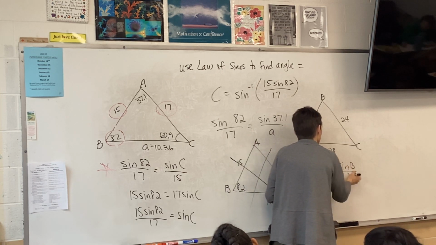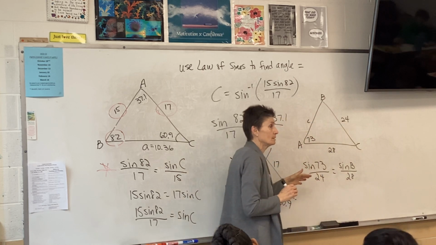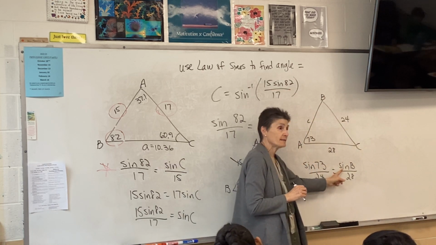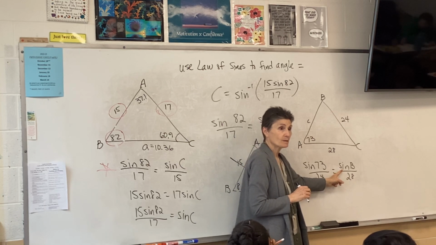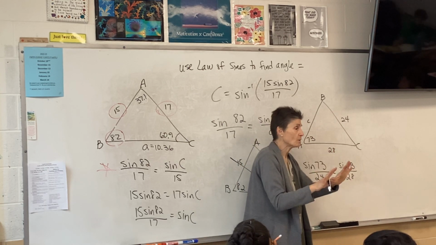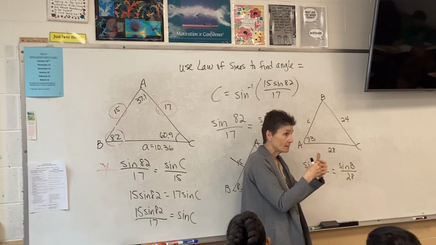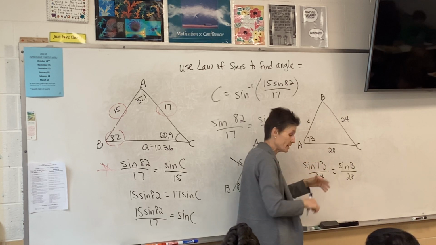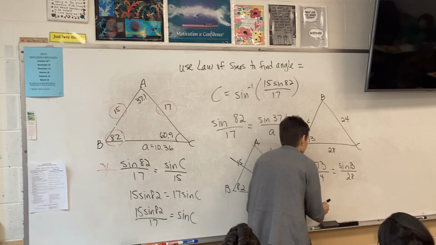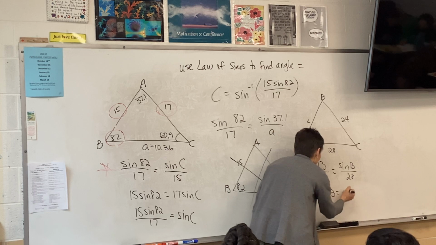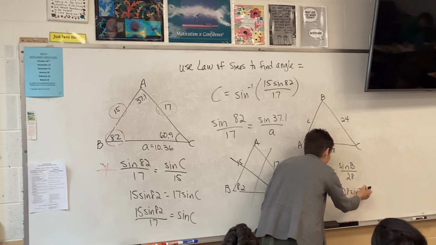But then you notice that, oh shoot, I'm using the law of sines to find an angle. Now, that's doable, it's perfectly okay, but that means I have to check for a potential second triangle. All right, let's get started on this one first. So 24 sine B equals 28 sine 73.